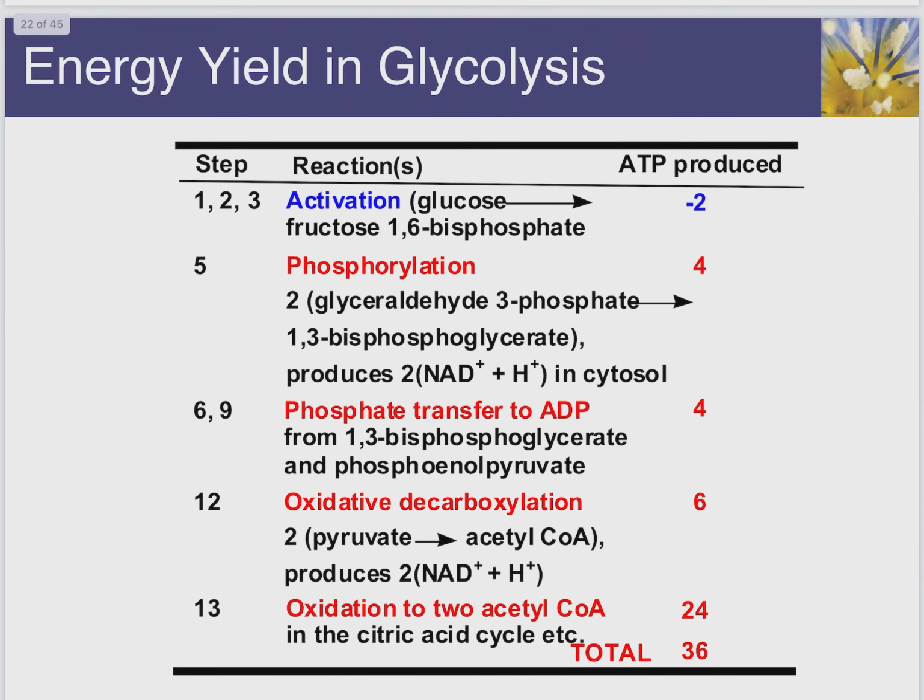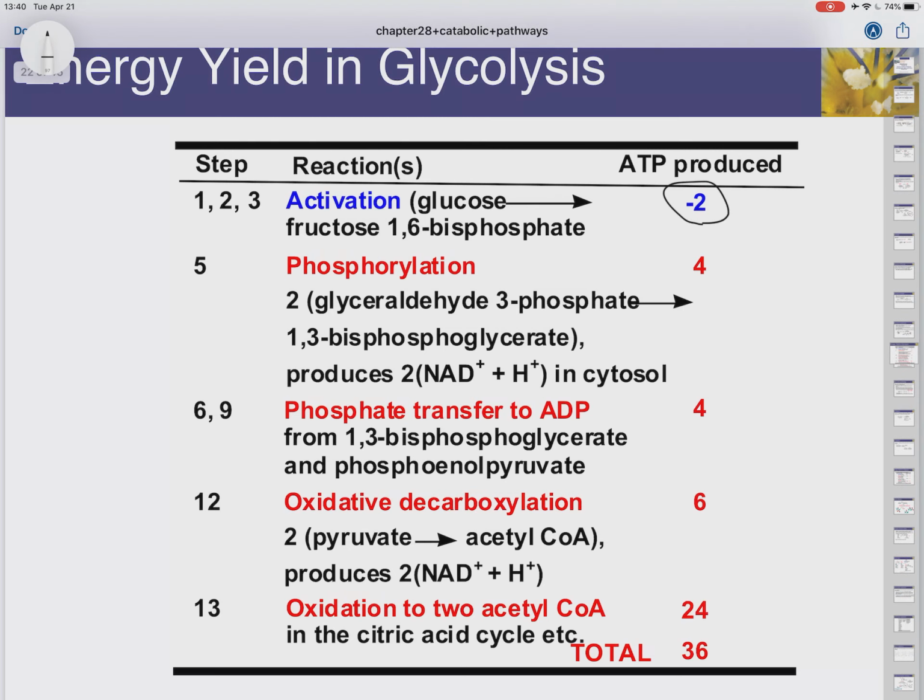So, totaling up from this chapter and last chapter, it cost us some ATPs initially to add on to the glucose to glucose 6-phosphate, and then the second one to get fructose 1,6-bisphosphate. 2 ATPs, but in the end we ended up getting 4 back from glycolysis. We got some more back from the NADHs and what they were able to get from the electron transport chain.